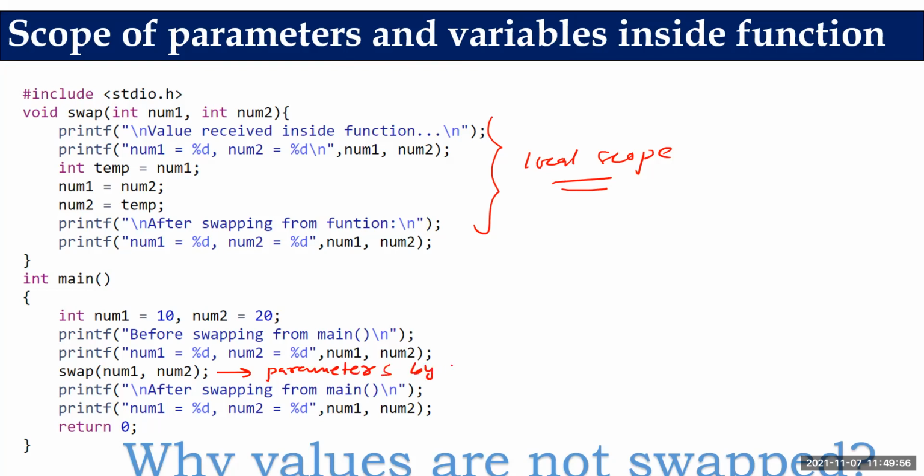While passing parameters by value, there is no change, because they get a different memory block. So the main method does not know what is happening here. The swap function also has no idea what is happening here. They're simply calling each other. How they're going to perform the job, no idea.